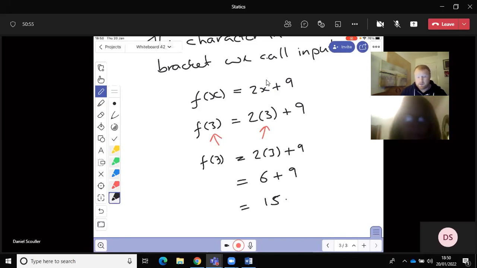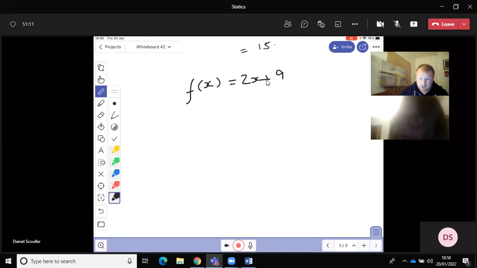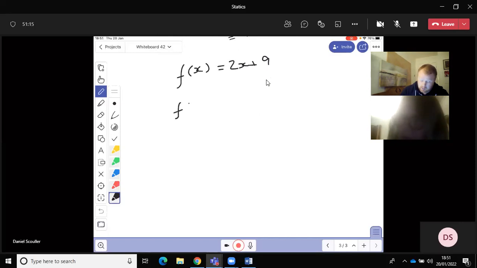Now, another way you might see it written is it gives you a function, and then asks you to solve what the input is. For example, f(x) equals 15, and then asks you to solve for x.